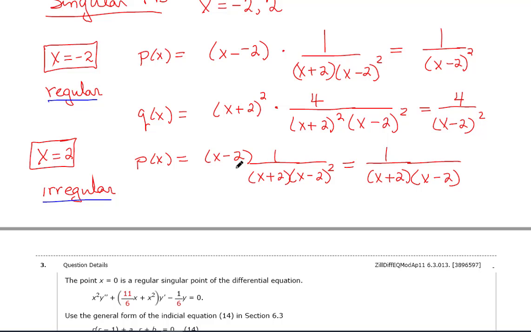I multiply that by my x plus 2 squared. So the x minus 2 part cancels. One of them cancels. Sorry, that's not there. And so I'm left with this term for small p of x. Is this still defined when x is equal to 2? And the answer is no. Therefore, it is an irregular point.